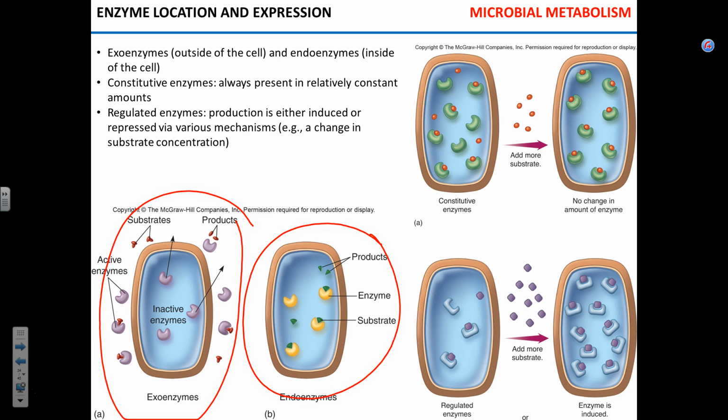So those exoenzymes break down the starch into the monosaccharides, which then can diffuse into the fungal cell. Does that make sense? That's all very romantic.